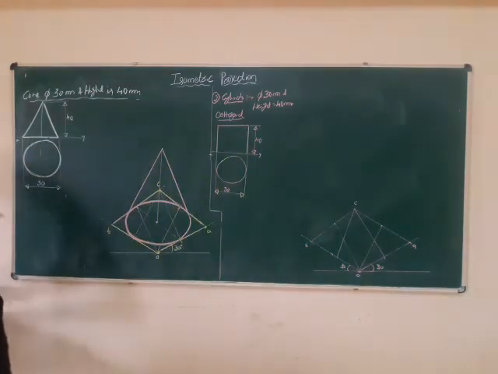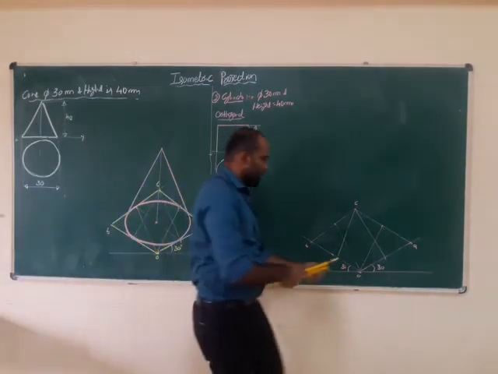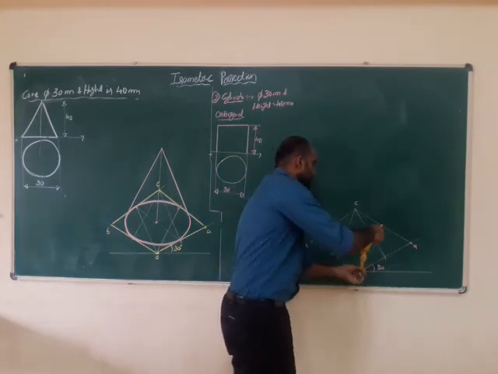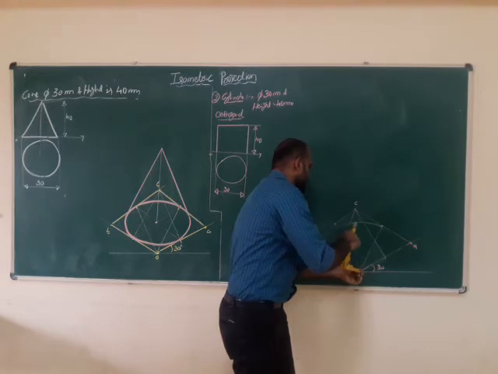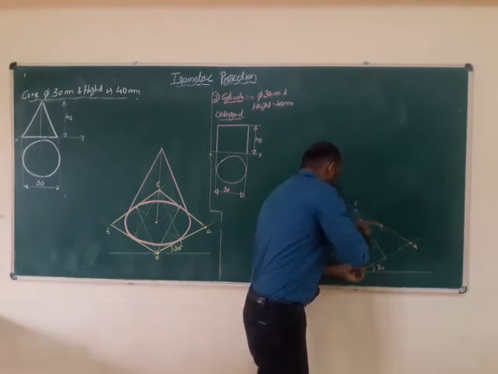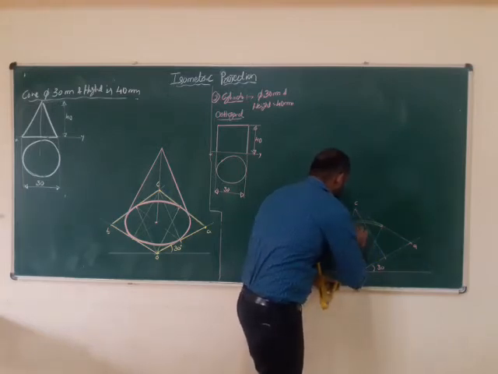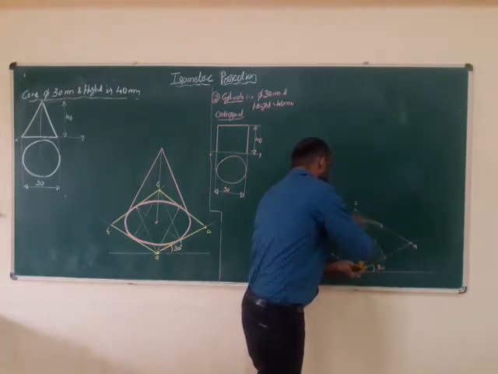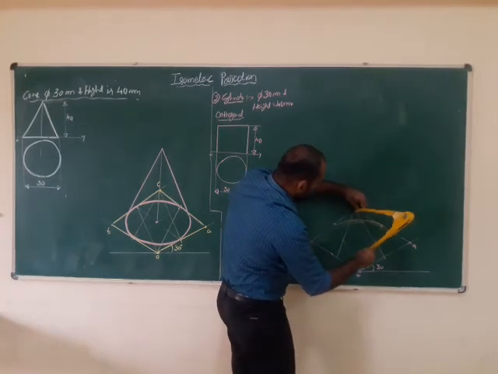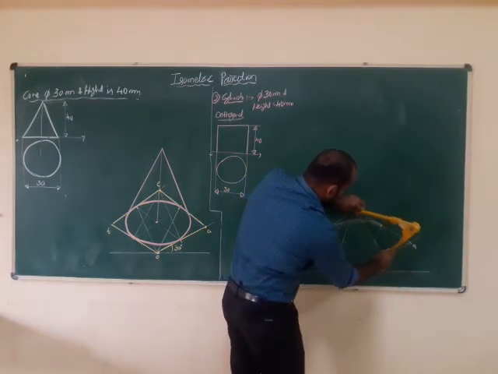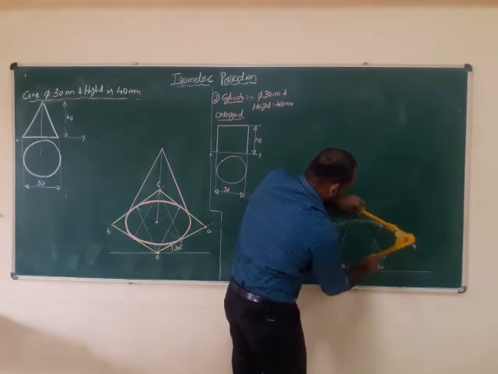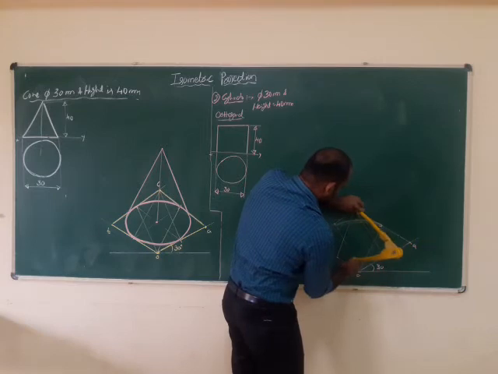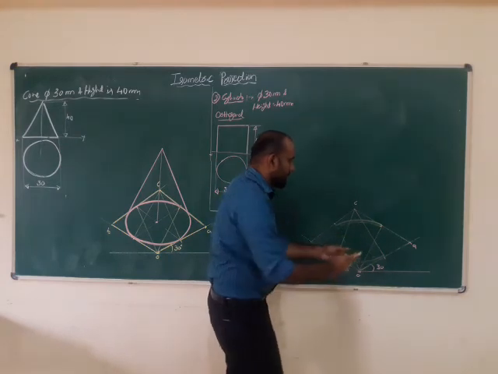And take a compass. O is the center. Next, C is the center. Next, the right side.